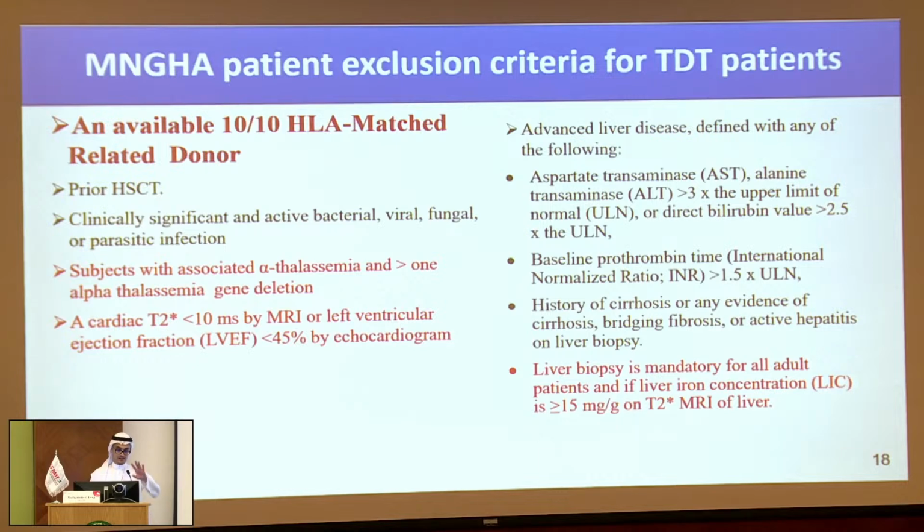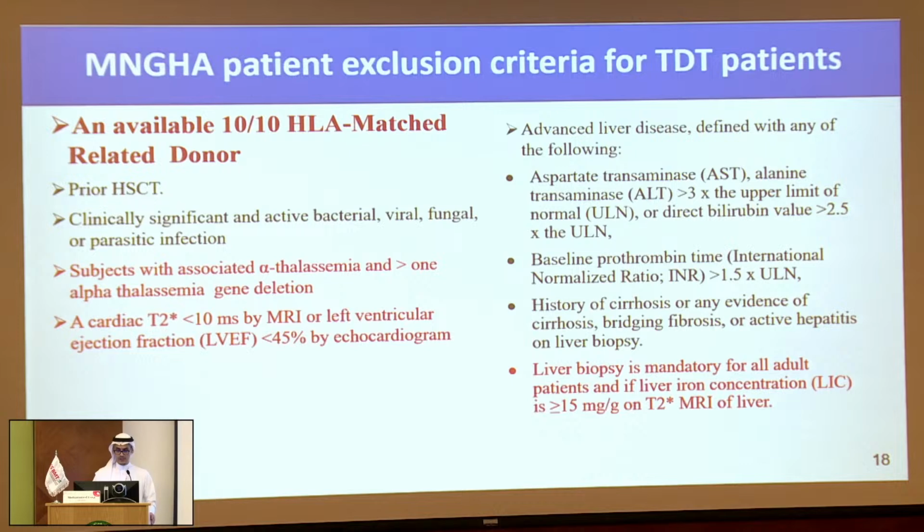We also mentioned other liver dysfunction, etc., as not fit for the conditioning. And if the liver iron concentration is more than 15 milligrams per gram dry weight on T2 star MRI, you need to be cautious and bring it down prior to conditioning.